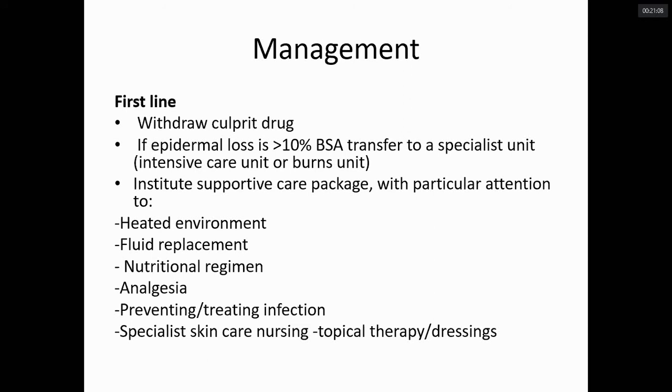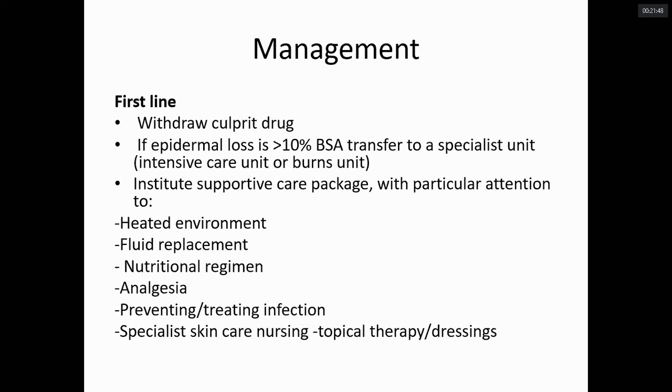For the replacement of fluid, we calculate as for burns. As you know, there is a formula called Parkland's formula, and 75% of the fluid calculated from Parkland's formula is required for SJS and TEN. You must have already studied Parkland formula in surgery also.